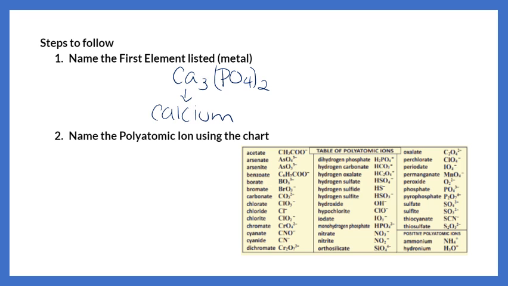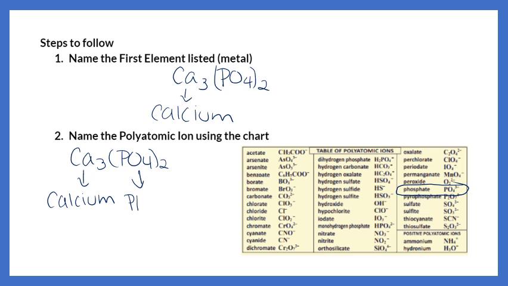The second step says to name the polyatomic ion using the chart. Now let's go find PO4. Here it is. It's called phosphate. Okay. Calcium phosphate. That's your answer.